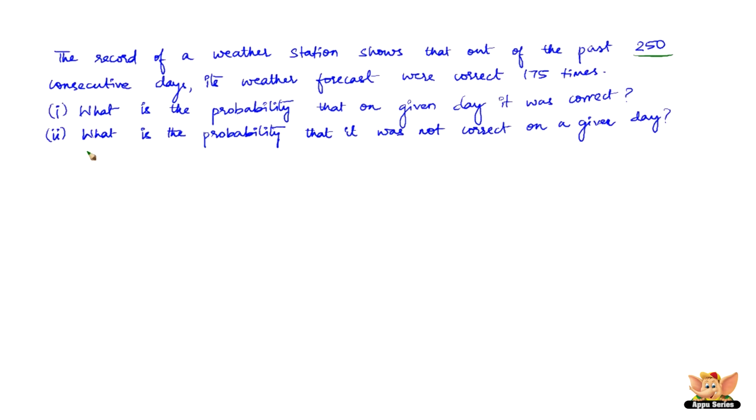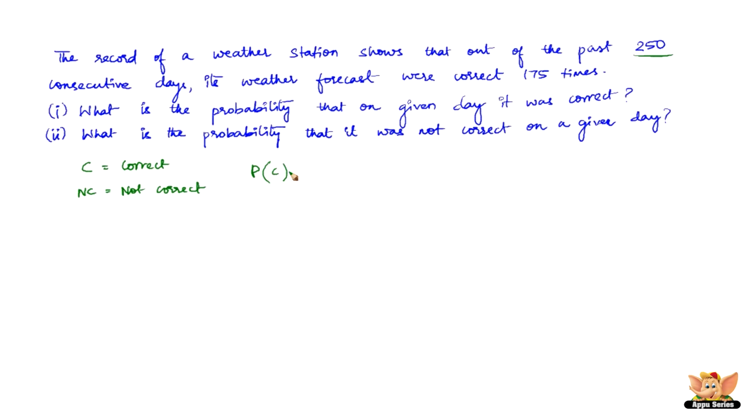So now let us name the events. Now we have 2 events. One was correct and one was not correct. So let us name it like C is the correct and NC is not correct. So let us first find the probability that on a given day the weather forecast by the weather station was correct.